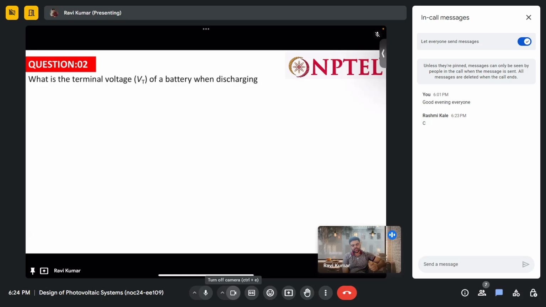Now let's move to the next question. It says, what is the terminal voltage of the battery when discharging? And these are the options.